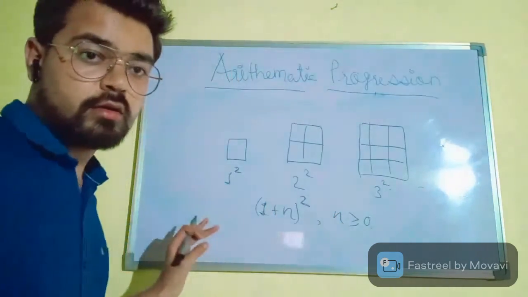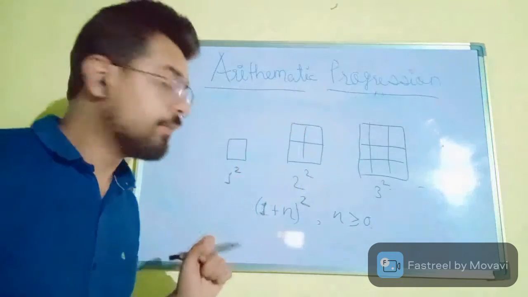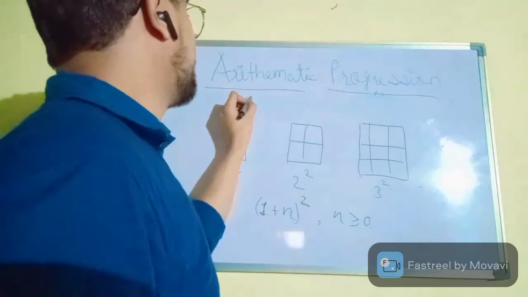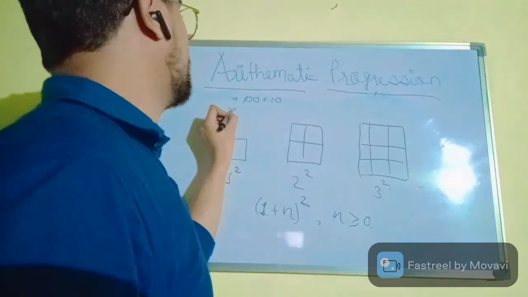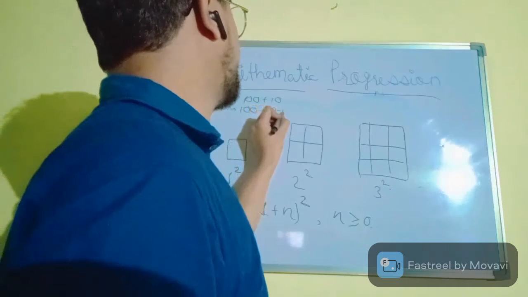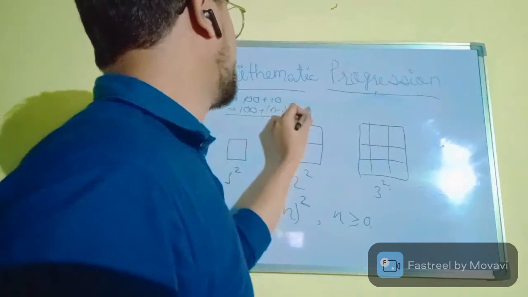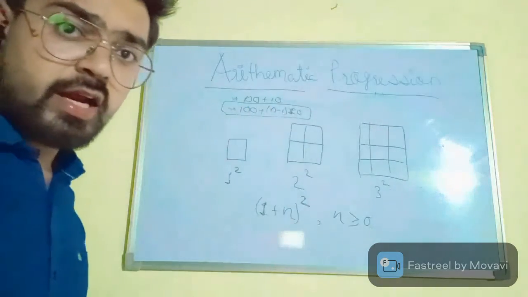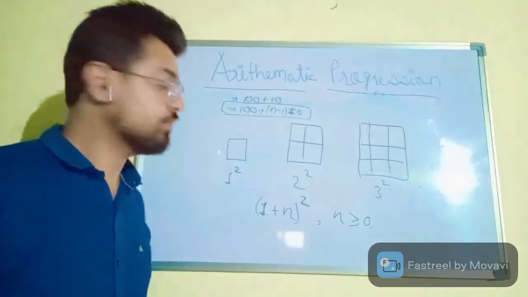This pattern, this formula, is followed here. In the previous one, the pattern is that we are increasing 10 rupees every day, so it is 100 plus (n minus 1) into 10. So they are different. Which one is the arithmetic one?